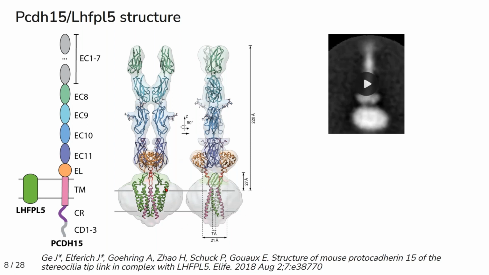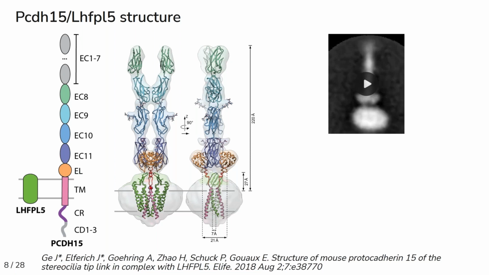And so when we solved the structure, we could see that protocadherin 15 and LHFPL5 were both dimers, so it was a dimer of dimers. And what was interesting is that the EL domain, together with the last cadherin domain, EC11, formed this kind of collar right proximal to the membrane, which is kind of propped up by the beta sheet of LHFPL5.